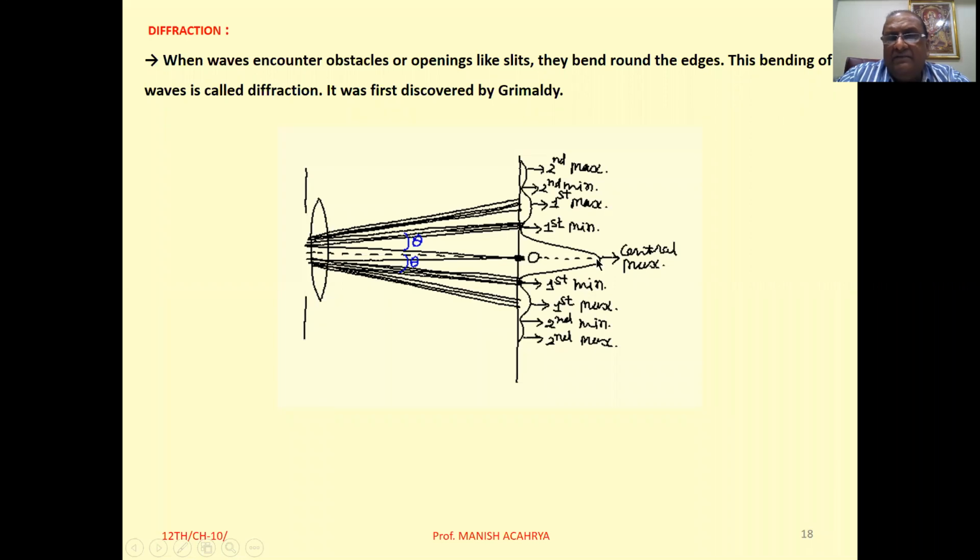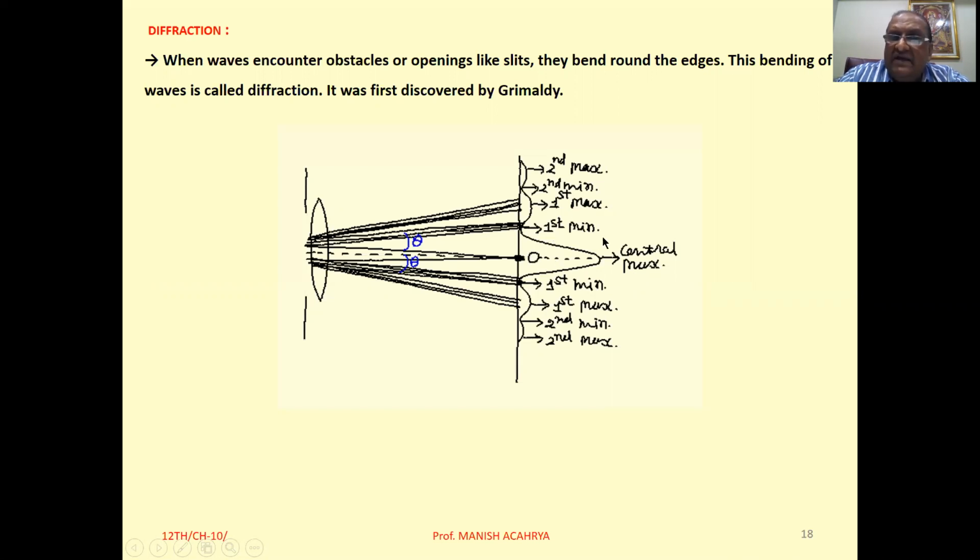There you will get the maximum intensity on the screen, which is known as the central maxima. Then after, on either side of this central maxima, you will get dark bands, means minimum intensities, which are known as first minimas.